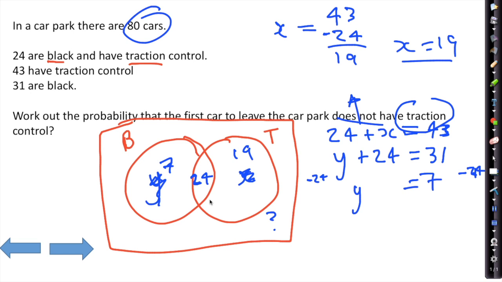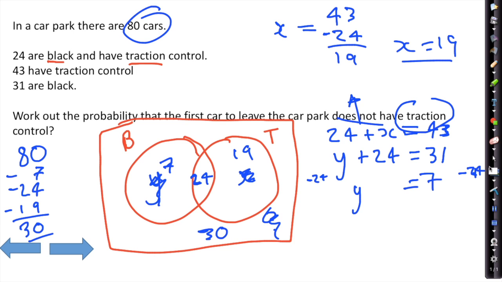So traction control is here, so it must be all the ones that do not have traction control. So it's going to be 80 subtract 7 subtract 24 subtract 19. You could have added all these together and then subtracted that, which would be 26 plus 24, which is 50. So your answer is going to be 30. So there are 30 cars on the outside here.